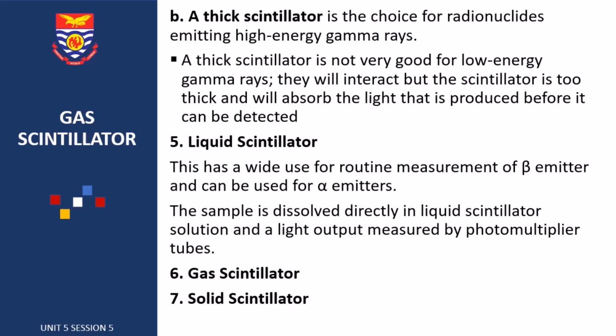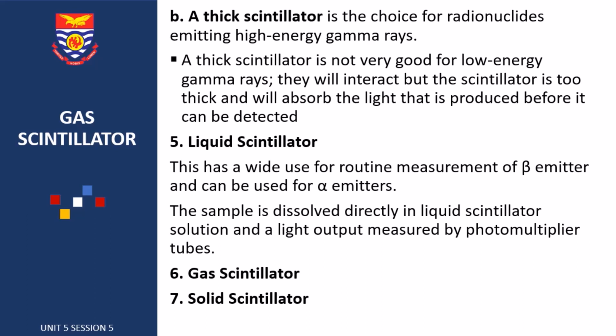Another size of the scintillator is the thick scintillator. This scintillator is thick enough to absorb the gamma rays, but not too thick to prevent the light that is produced from passing through to the detector.